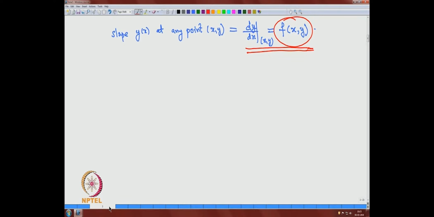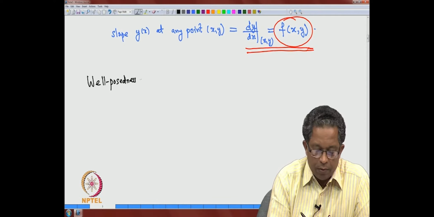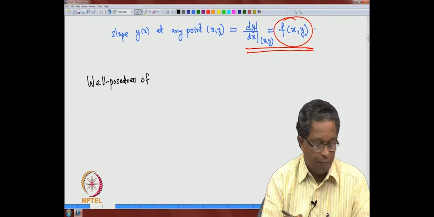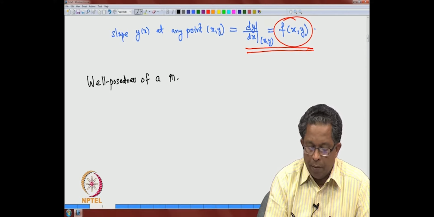Now, we deal with the well-posedness of a mathematical model.